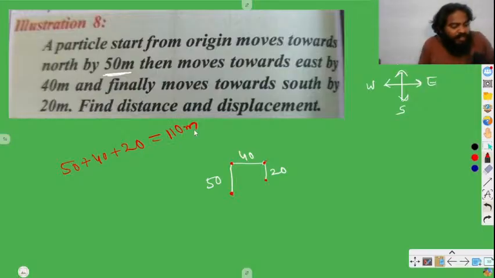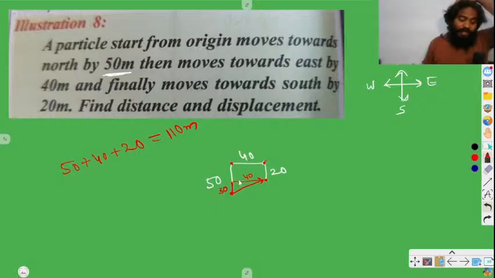Next, he is asking displacement. Displacement is nothing but a straight line drawn from the initial position to the final position. From here to here it is 40. From 50, if you remove 20, then this is 30. So 40 and 30, which means the resultant will be 50.